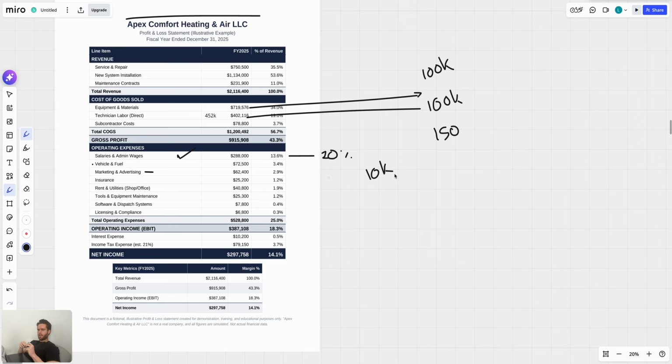And when you see one on a P&L, how would I actually look at it? I would figure out how much revenue this agency is actually generating to the top line. And you can work that out.